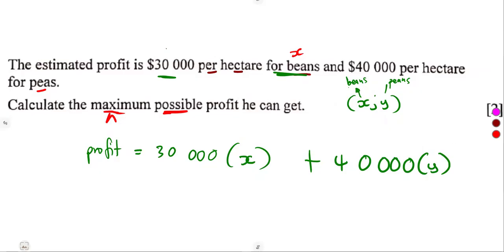So what you just need is a point here which satisfies x and y for a maximum profit. So we must find something that we put here for x, something that we put here for y, and the value that we get here is supposed to be the maximum out of all the possible values. This one must be maximum.